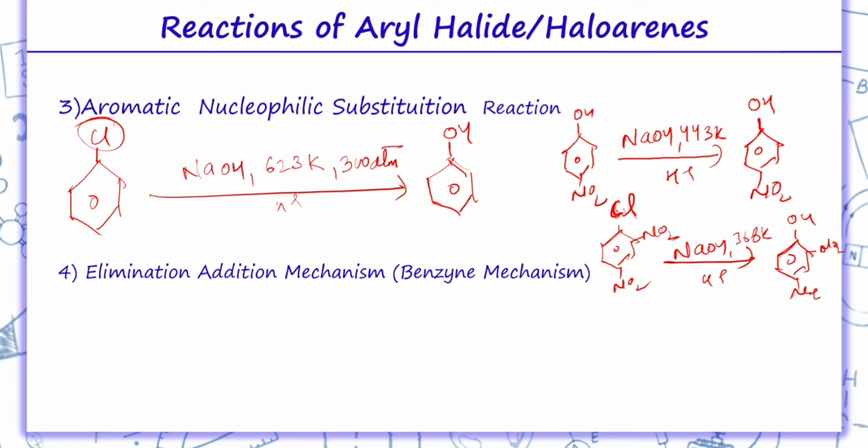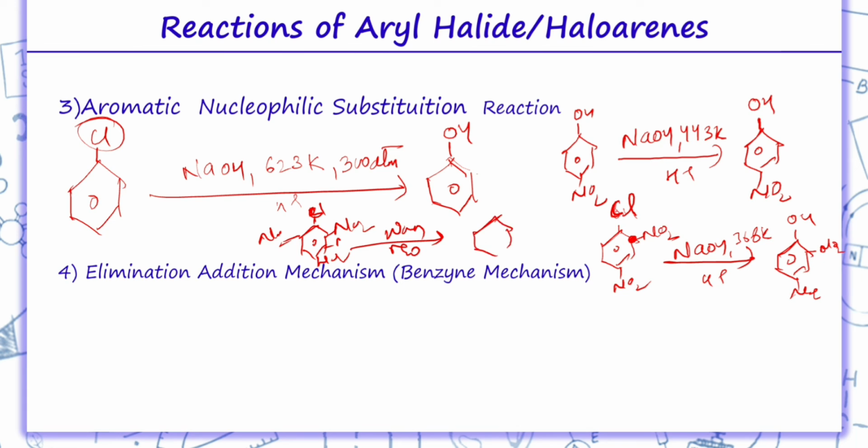Similarly, if nitro groups are attached at 3 positions, that is the 2, 4 and 6th positions, the reactivity again increases. When nitro groups are attached at all 3 positions, we only need to warm it with H2O.